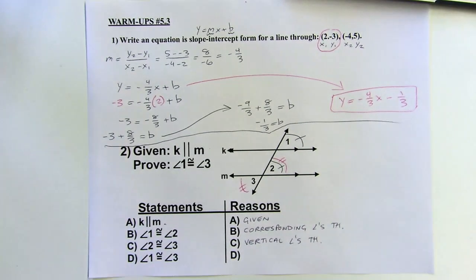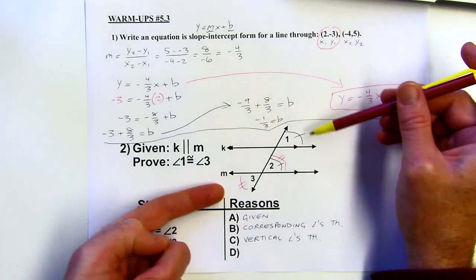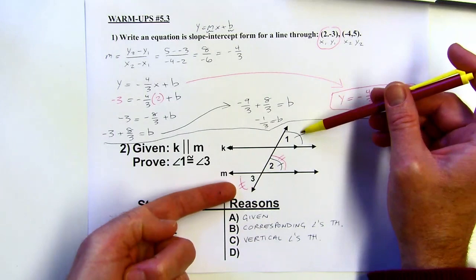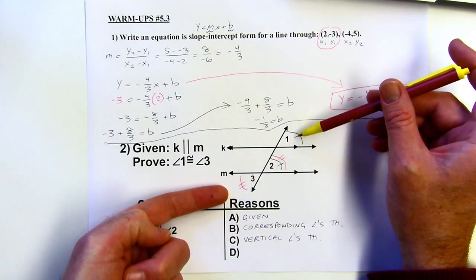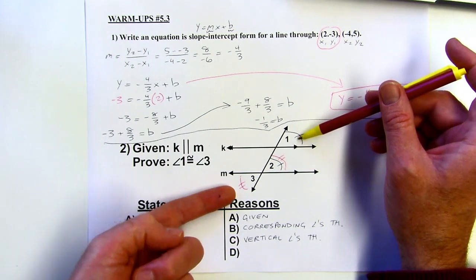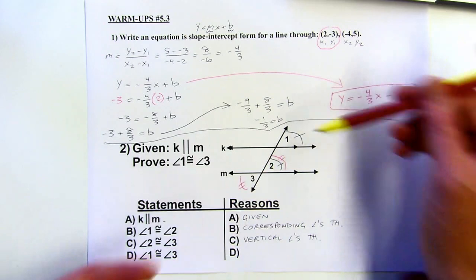Okay? Now looking at the picture, the last thing we're going to do is say that these two angles are congruent. Well, 1 is congruent to 2, and 3 is congruent to 2. So I got two different things that are congruent to angle 2. That means those two things must be congruent to each other, right? If two things are congruent to the same thing, they must be congruent to each other.